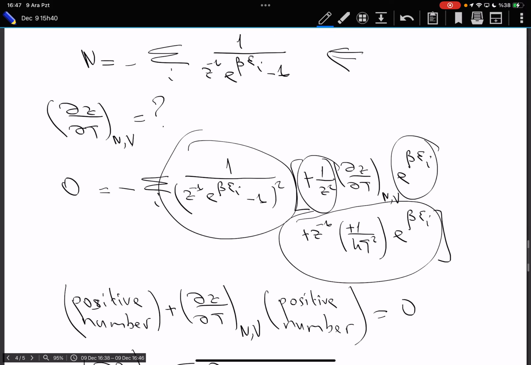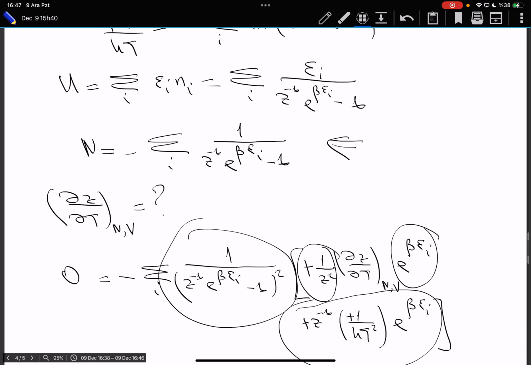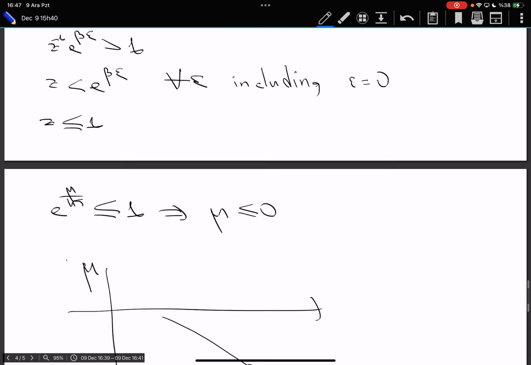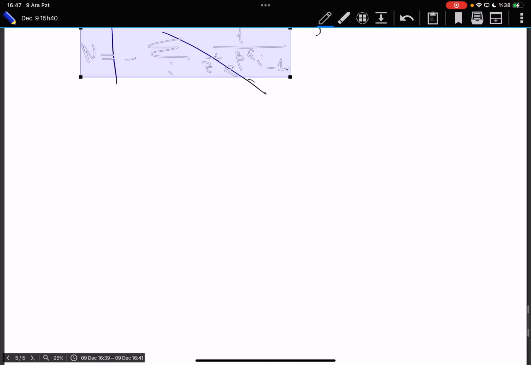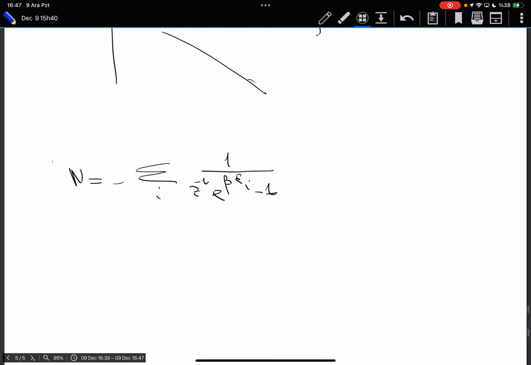Now let's look at the sum again. In fact, let me just look at one of those terms.